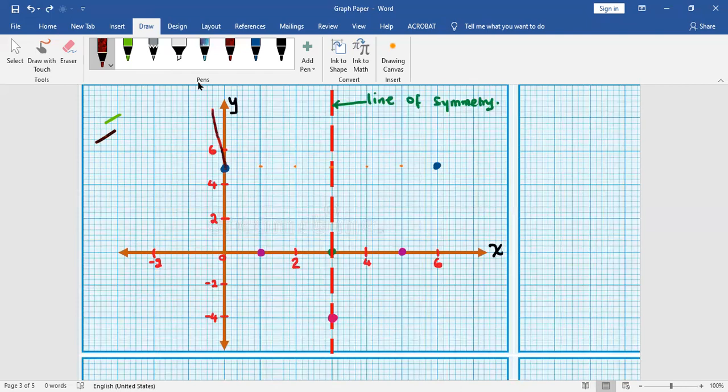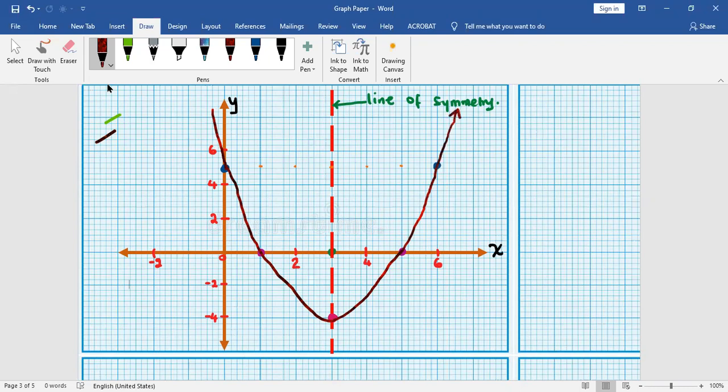It will pass the y-intercept, x-intercept, vertex, x-intercept again, and continue up like that.